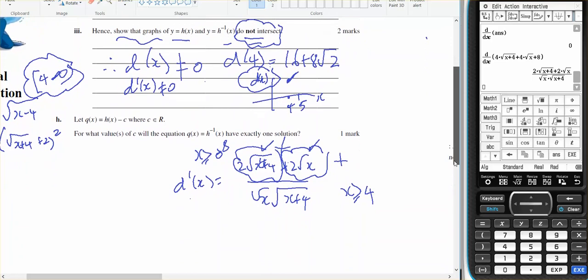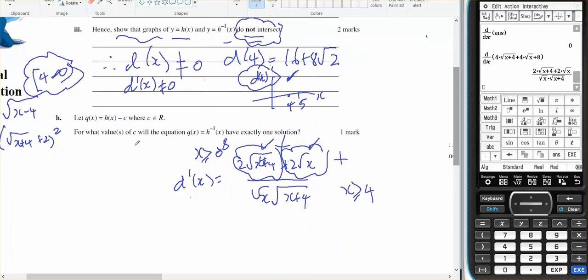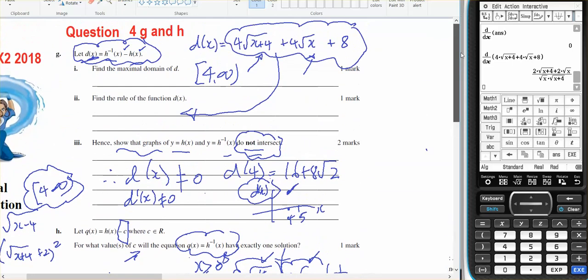When I'm doing part H, what's the value of C where this equation will have exactly one solution? C is where I move h of x down. Now h of x is the bit that I'm subtracting from the inverse.